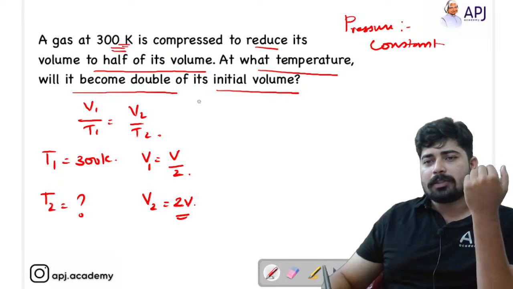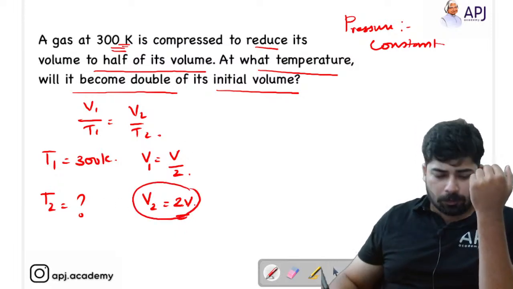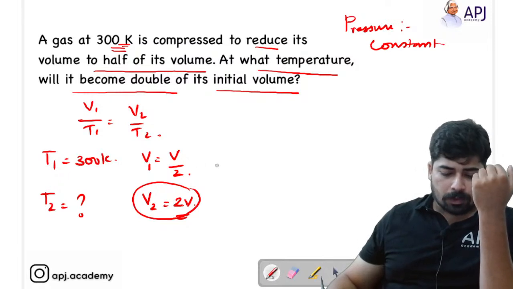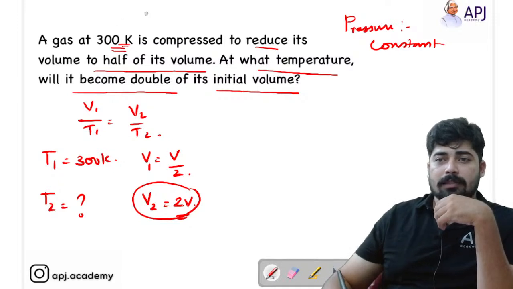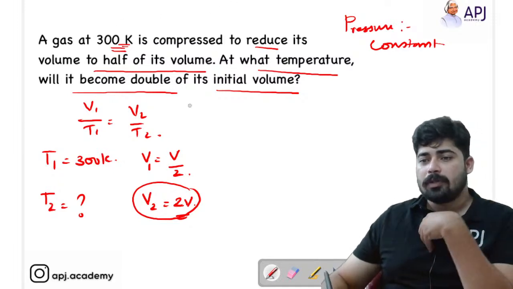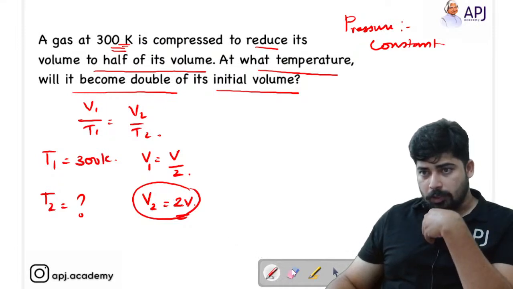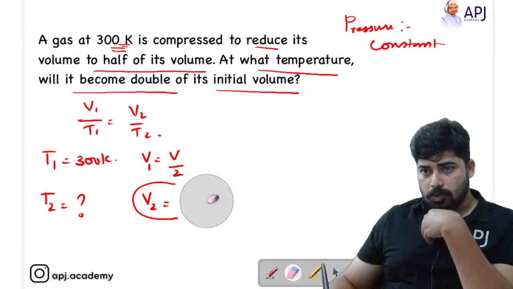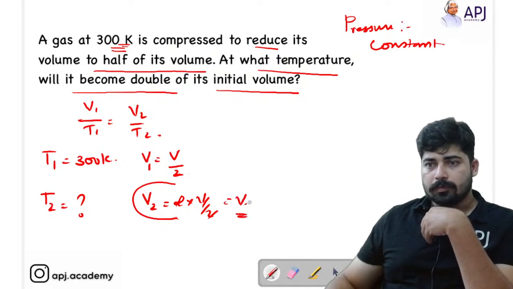So initial volume is V by 2, then V2 should be double of it, that means it should be equal to V.